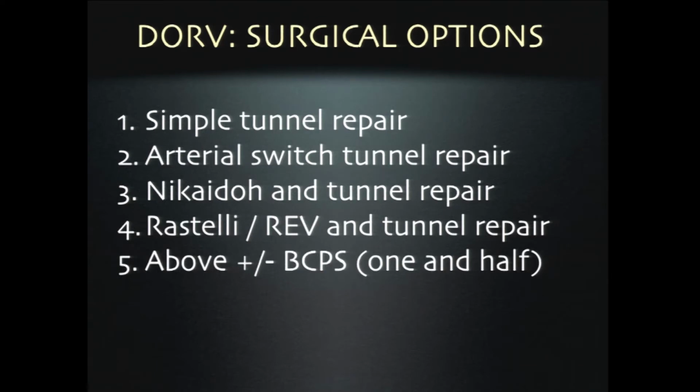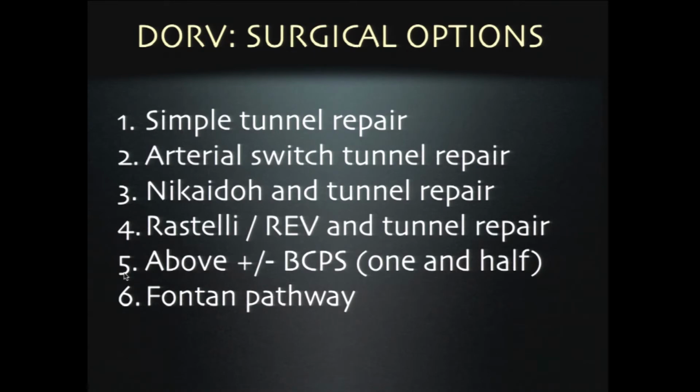And then if biventricular repair is not possible, you can do a 1.5 repair or complete the Fontan pathway. The decision between this biventricular repair and this 1.5 or univentricular repair is very, very important.